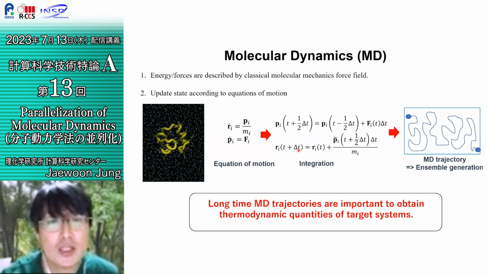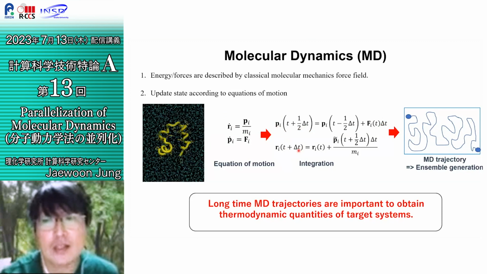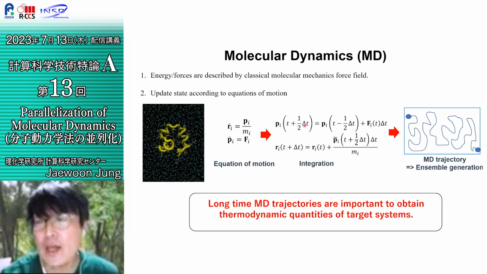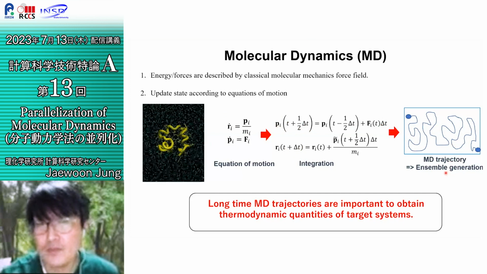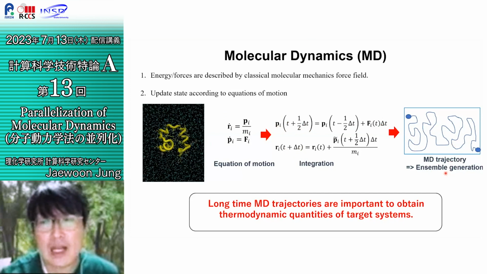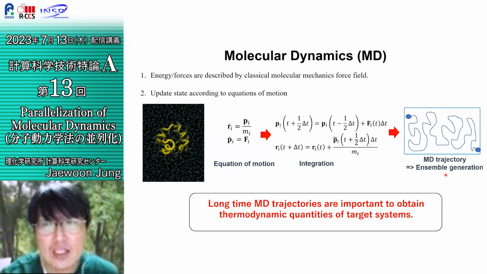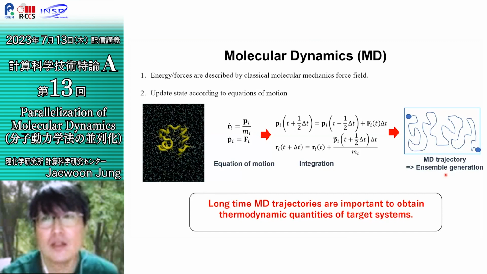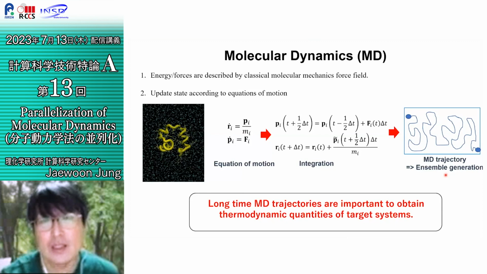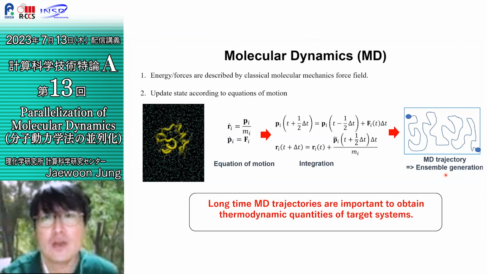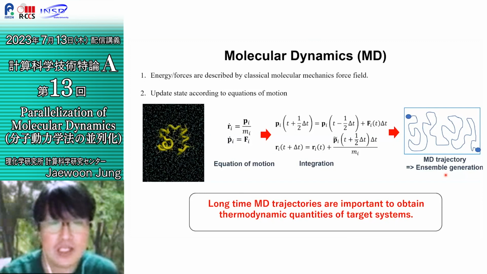And if we obtain the trajectory of this coordinate or momentum, we can use it to generate an ensemble. And after generating the ensemble, we can evaluate various kinds of properties, for example, free energy or some very large conformational changes and so on.